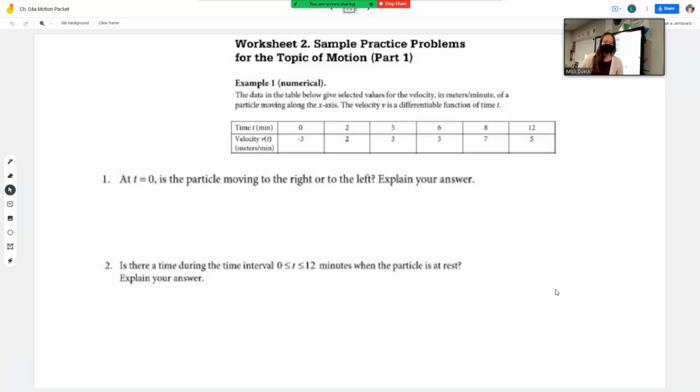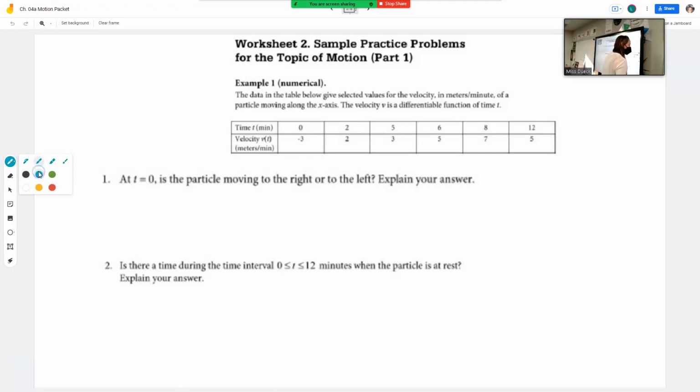Let's check out my hints and get this problem done. Guys, do you see that they are giving you information in a table? Do you see that they are giving us information in a table? When they say at time equals 0, is the particle moving to the right or left?